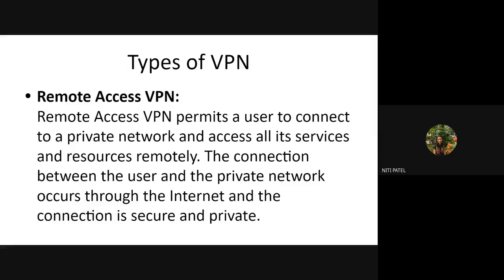Once I'm connected with this virtual private network, whatever services I want, I'm going to take from the Somaya private network. So if I want to download any particular data which I was not able to do through Gujarat's public network, I will now do it by getting connected to the Somaya Polytechnics VPN.